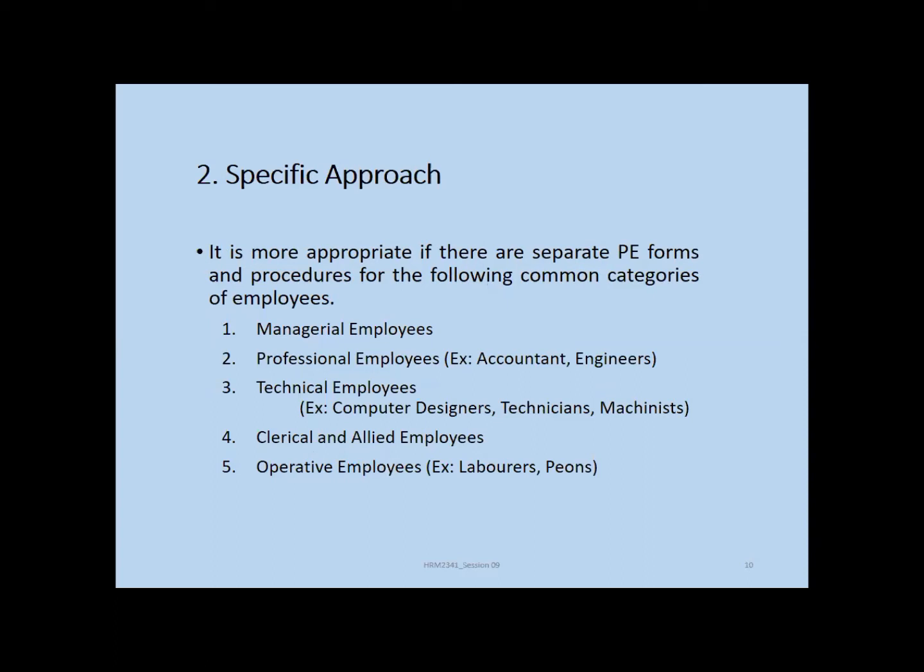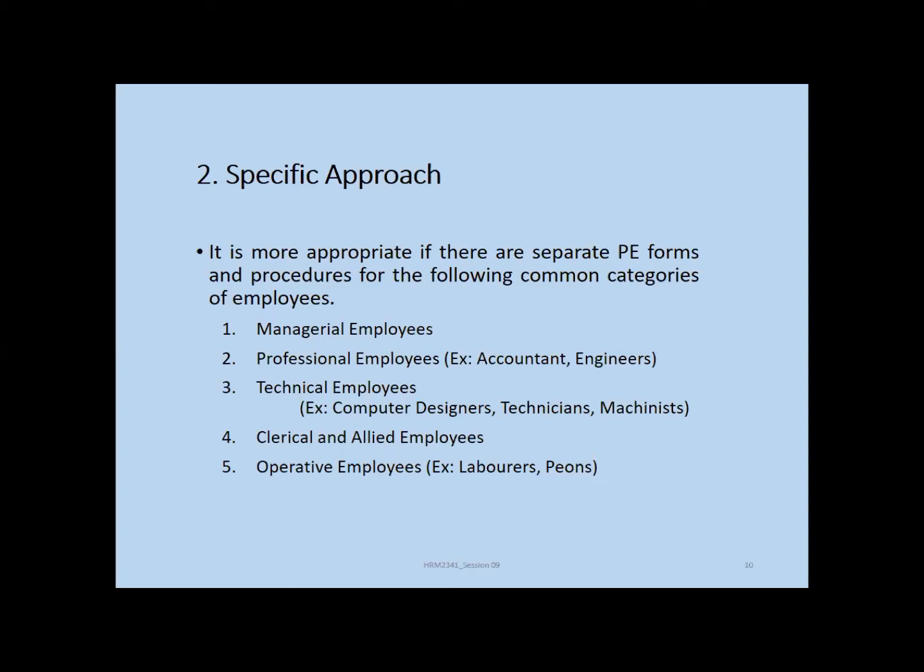It is more appropriate if there are separate performance evaluation forms and procedures for the following common categories of employees. As an example, managerial employees: it is better to develop separate performance evaluation forms and procedures to evaluate managerial employees. Professional employees, for example accountants, engineers, and likewise.